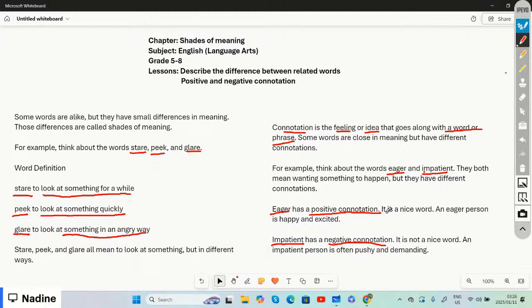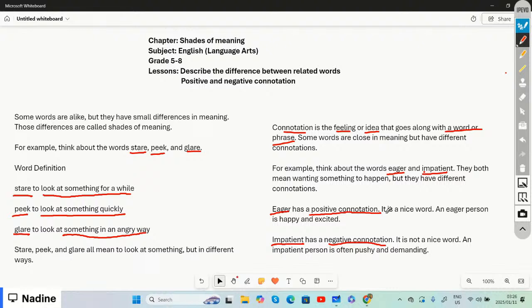So when it comes to positive and negative connotation, like we said, you have two words that are similar in meaning. However, one is a nice word, we call that a positive connotation, and one is a not so nice word, and we call that a negative connotation. And once again, connotations, right?